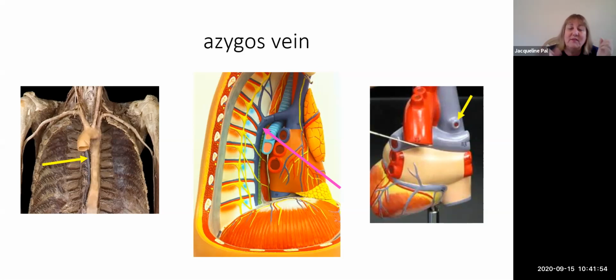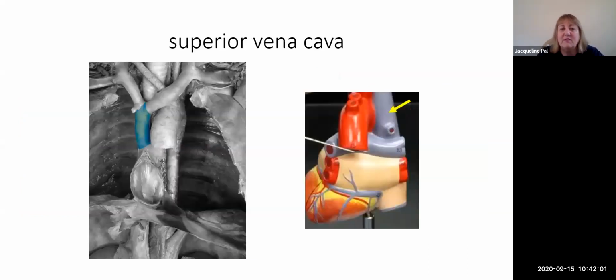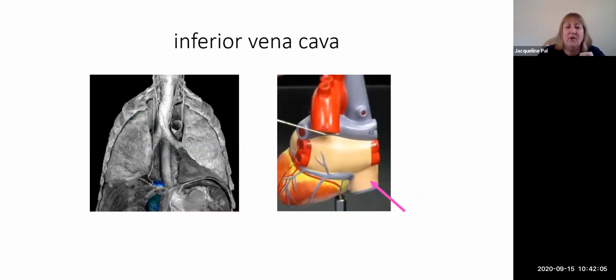So it's the last blood vessel adding blood from above the diaphragm, and then the superior vena cava dumps blood into the heart. And the inferior vena cava, which has popped up through the diaphragm, will dump blood into the heart from below the diaphragm. And with that, we are done with all of our thoracic blood flow.